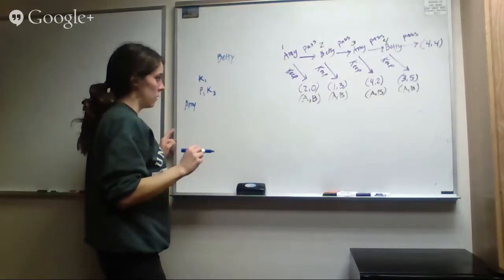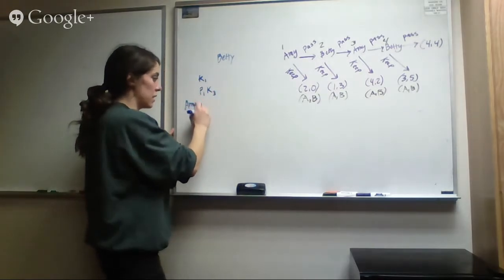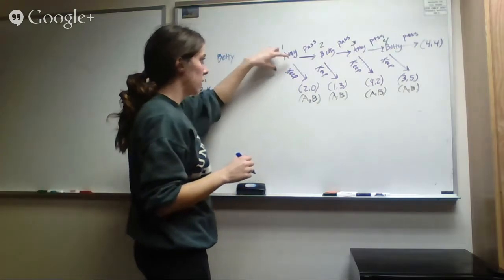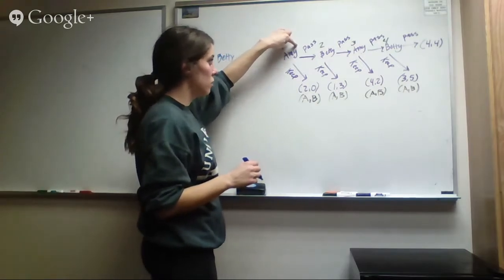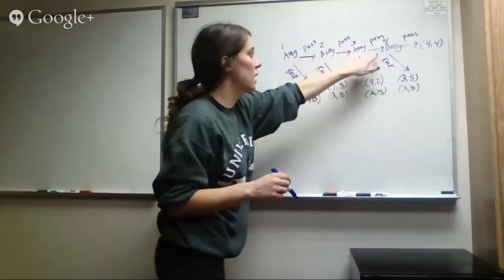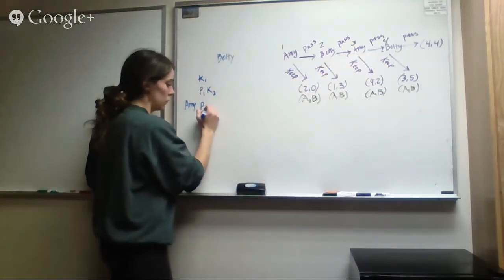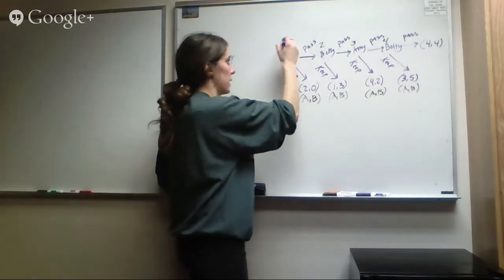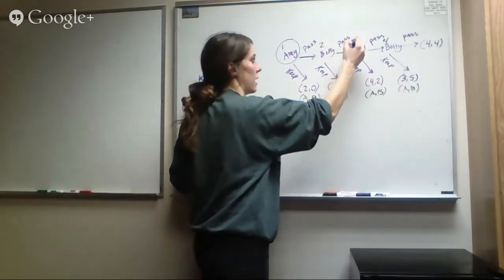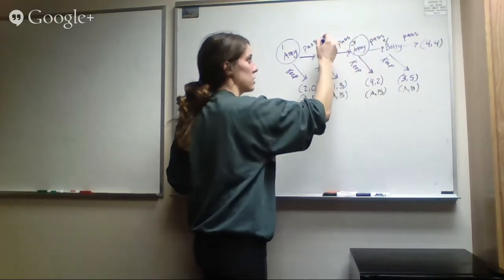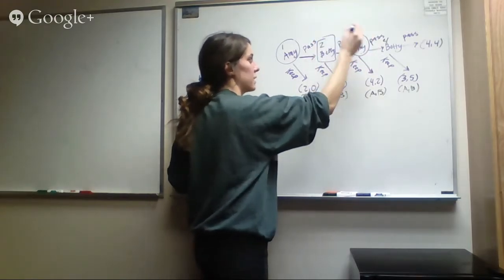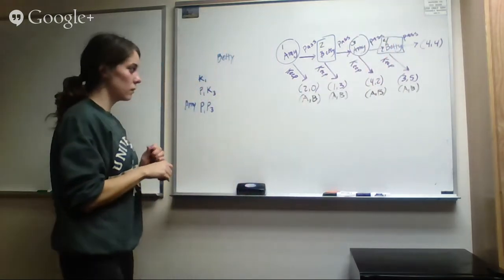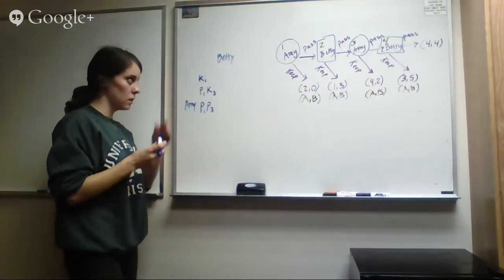Or she might be the type of person who would pass on move 1 and pass on move 3. But you see that Amy only gets to make 2 decisions here, right? She gets to make decision 1 and decision 3, and Betty gets to make decision 2 and decision 4. Okay?